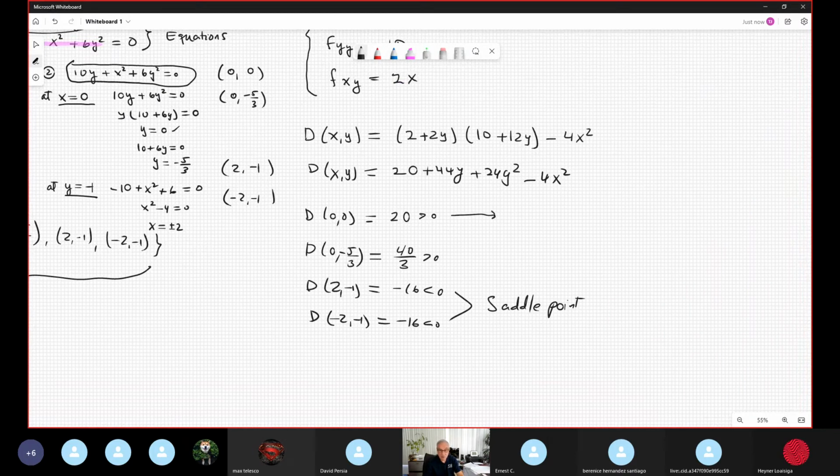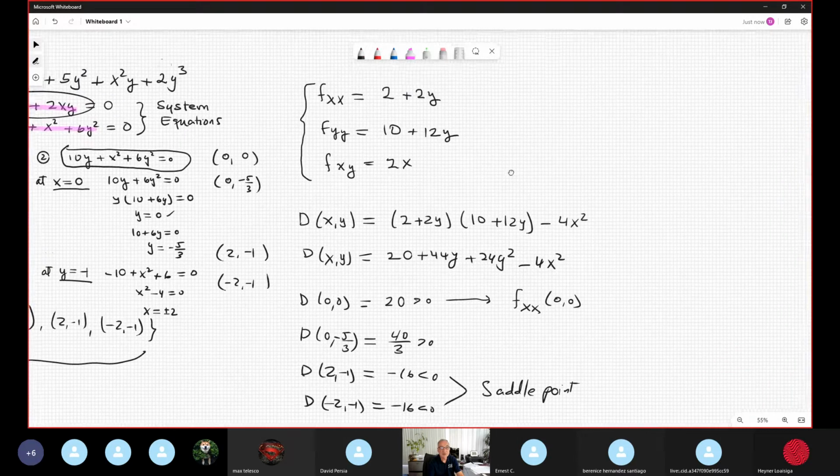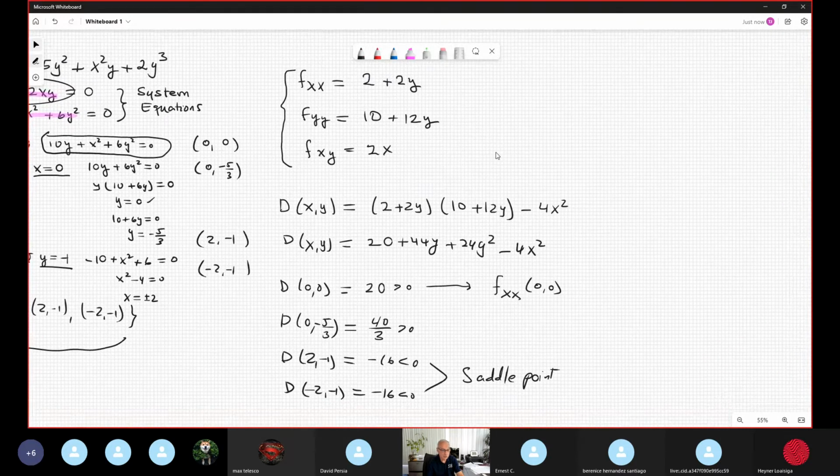Now, in order to differentiate max or min, you evaluate fxx at the specific point (0, 0). At (0, 0) it is obvious that it is 2. Look at that here. It's 2, and 2 is greater than 0. The conclusion is a local minimum, relative minimum, the way you want to call it.